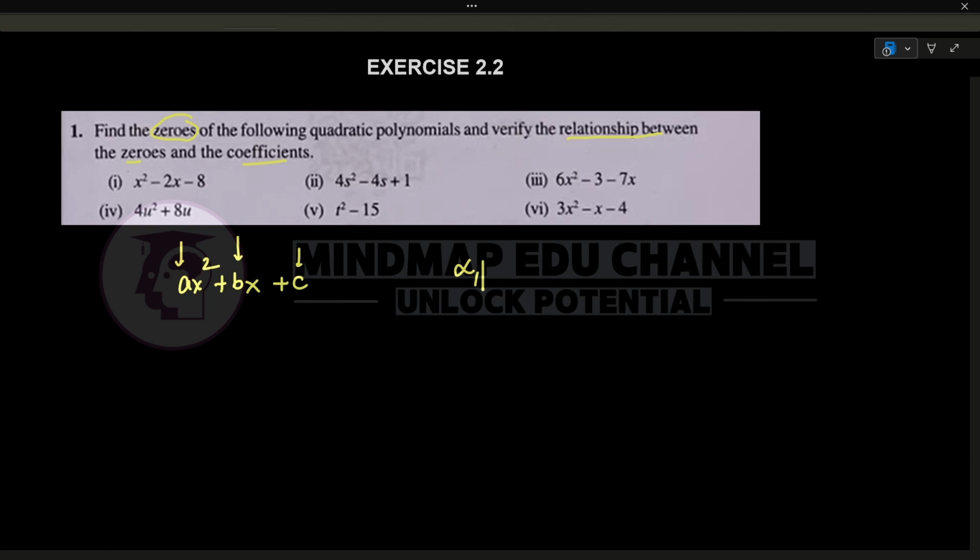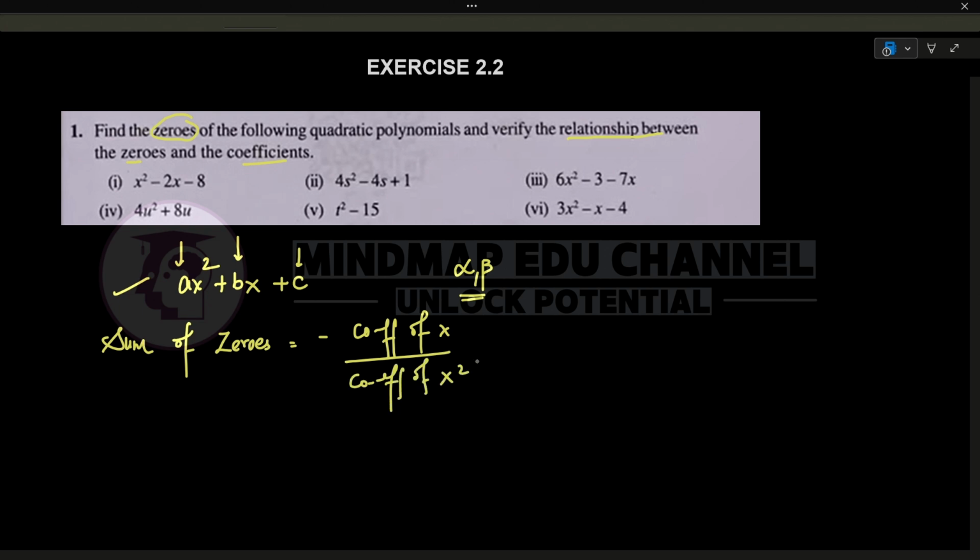Now, if alpha and beta are the two zeros of this polynomial, then the relationship between the zeros and these coefficients is given as: the sum of the zeros is equal to minus the coefficient of x over the coefficient of x square.